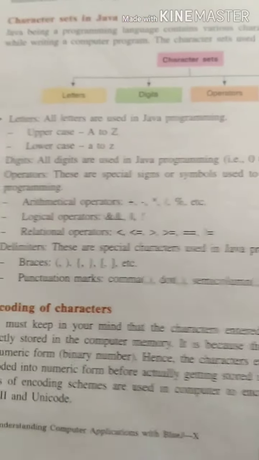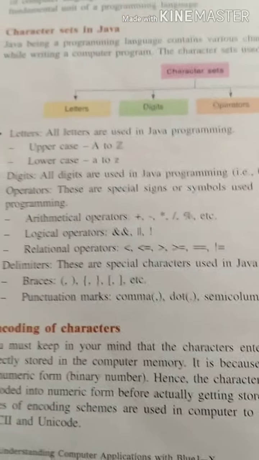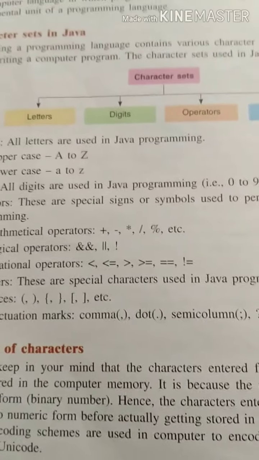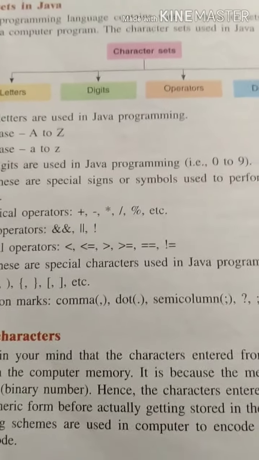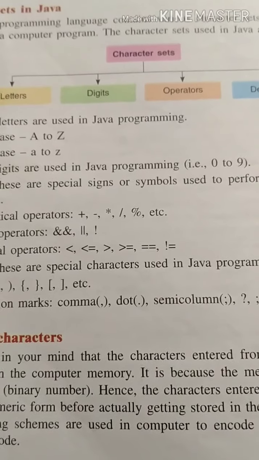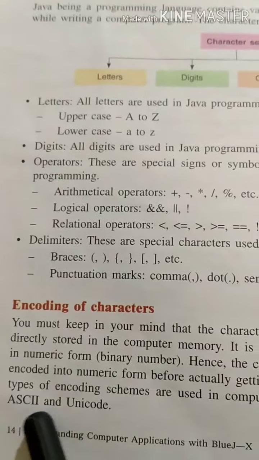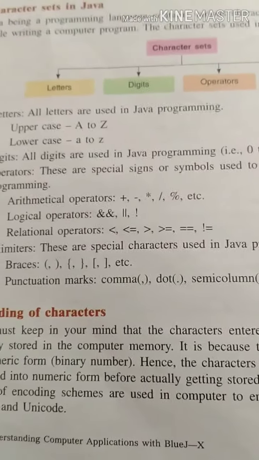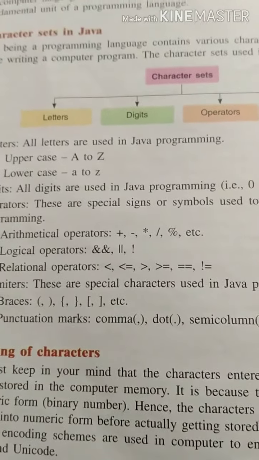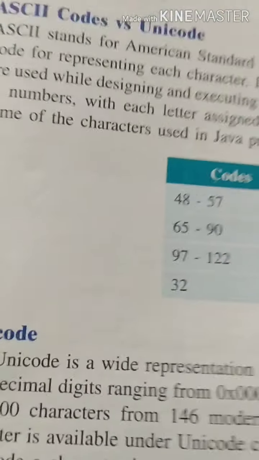That's why a computer understands American English and does not understand British English. So we will focus on ASCII code, which is very important. First of all we will understand ASCII code versus Unicode.